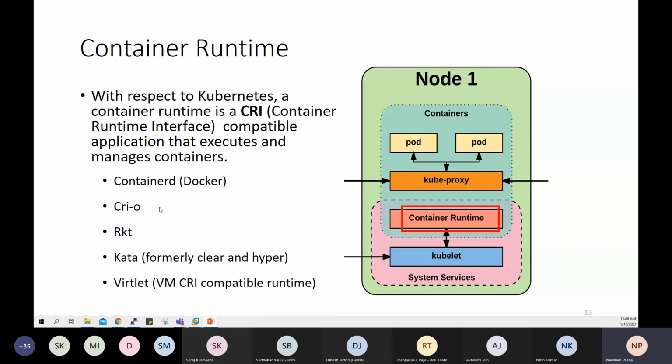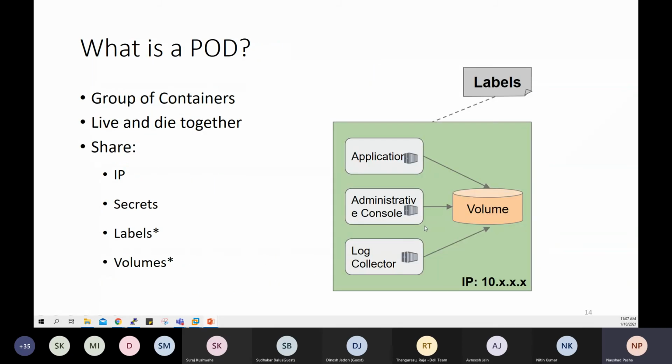Kubernetes supports Containerd, CRI-O, RKT, Kata, Worklet. There are many more container runtime interfaces that Kubernetes supports. In my case, I'm using Docker as the container runtime interface. Meaning, whenever the kube API server sends instructions to the kubelet, kubelet can talk to any different container runtime interface. In my case, it is going to talk to Docker.